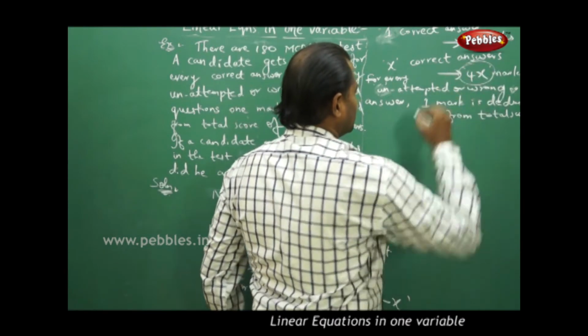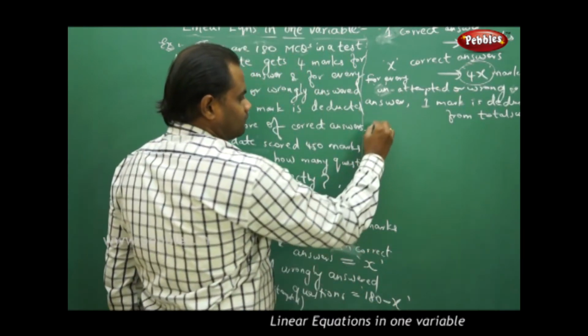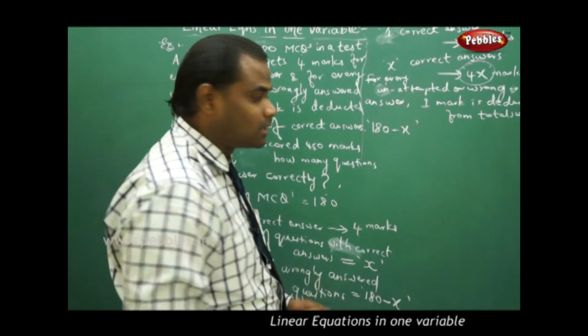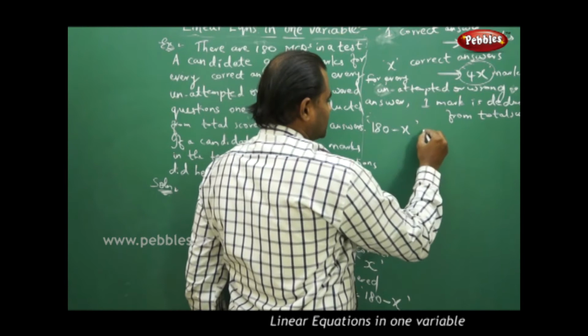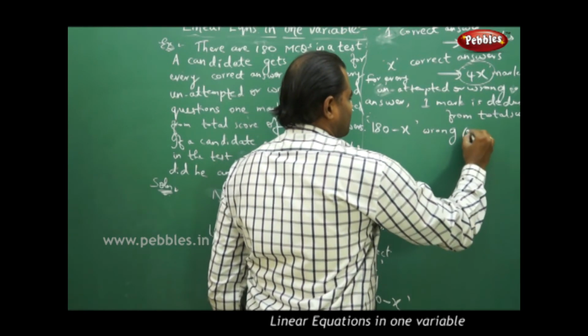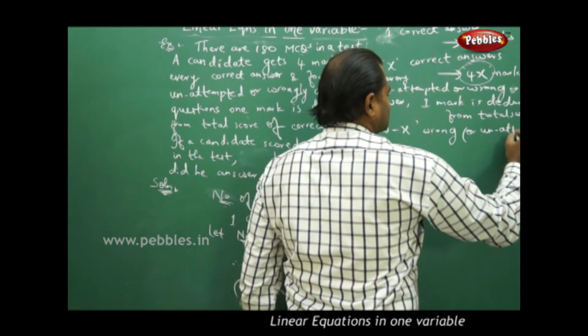So using this, I understand that if I have 180 questions totally, I have 180 minus x wrong or unattempted answers.